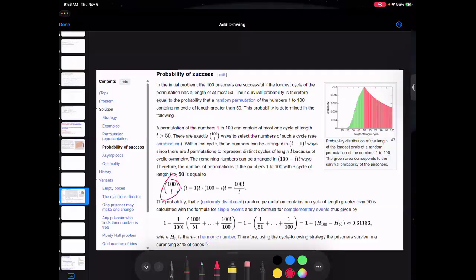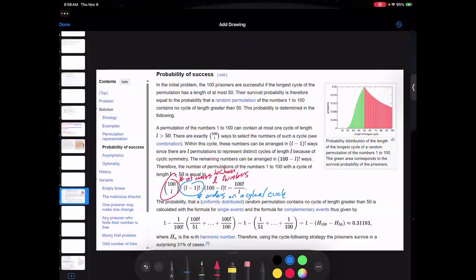It cycles through. That's why, so this is the number of ways to choose L numbers. This is going to be the number of orders on a cycle or a circle.